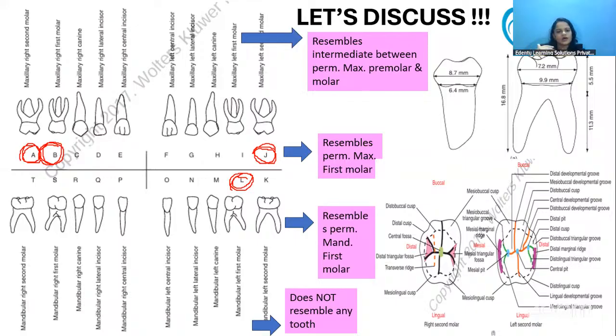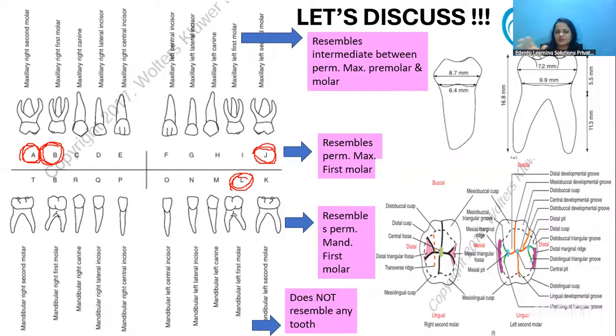Okay, so if you look at it, most of the deciduous teeth have a resemblance to the permanent dentition. The incisors and the canines have a resemblance to the permanent dentition. But the deciduous mandibular first molar usually does not represent any tooth in the permanent dentition.